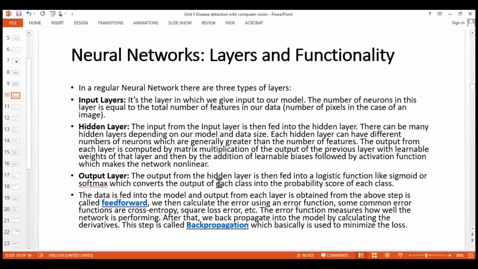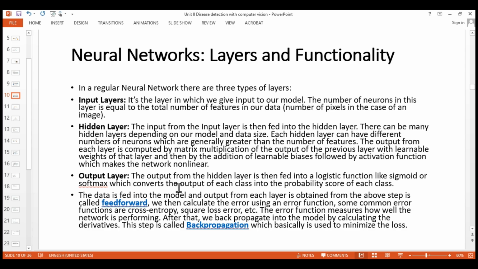There are many hidden layers depending upon the model and the size of data to be handled. The hidden layer consists of numerous neurons, like a matrix which tries to manipulate the input into a usable form, using various functionalities like activation functions and biases, and presents it to the output layer.